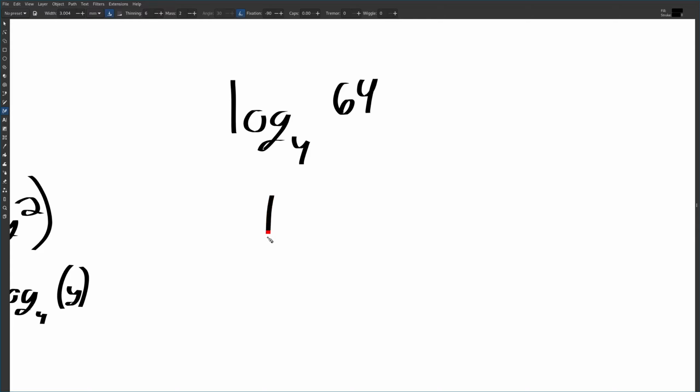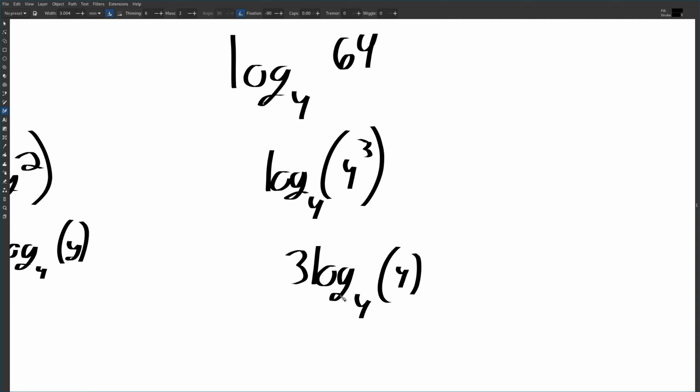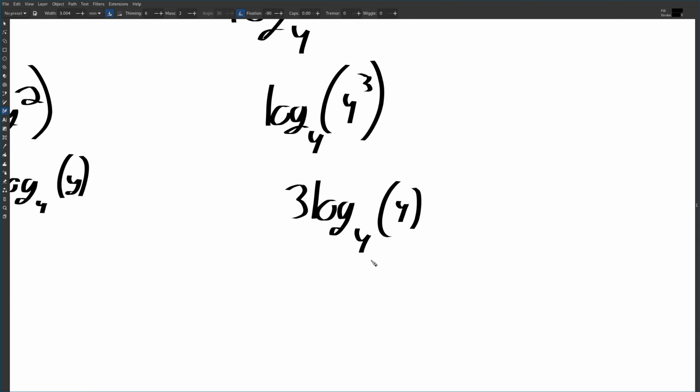So let's write this as log base 4 of 4 to the power of 3. You can bring this 3 to the front, and you're going to get 3 log base 4 of 4. And we know log base 4 of 4 is just 1. You get there basically with no effort. So it's just 3 times 1. And we get the same answer of 3.